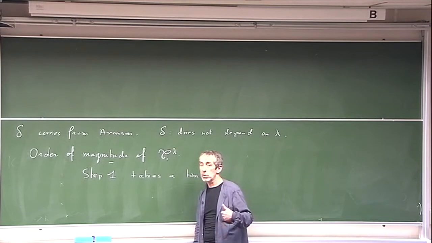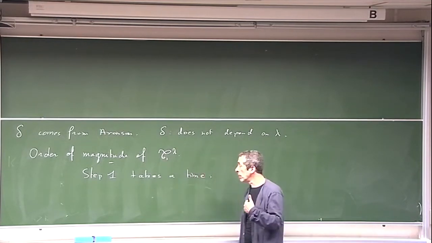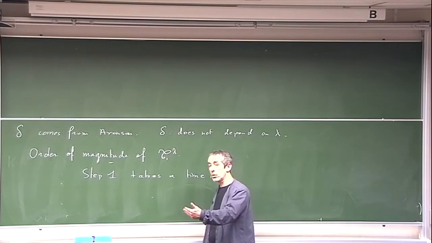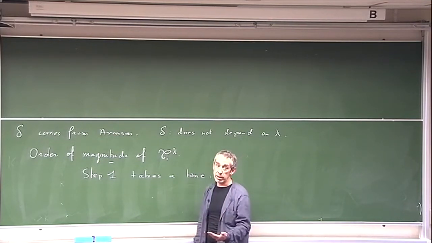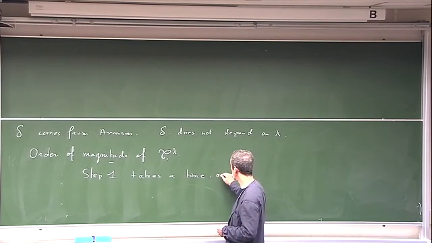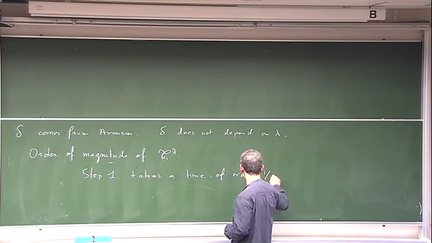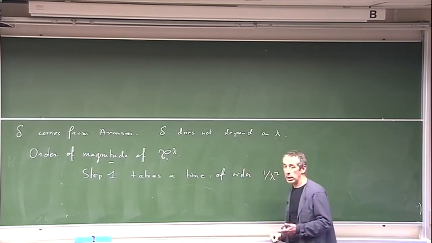But because of lemma 2, the time it takes to reach a distance 1 over lambda is of order 1 over lambda squared. So step 1 takes time of order 1 over lambda squared. Okay?